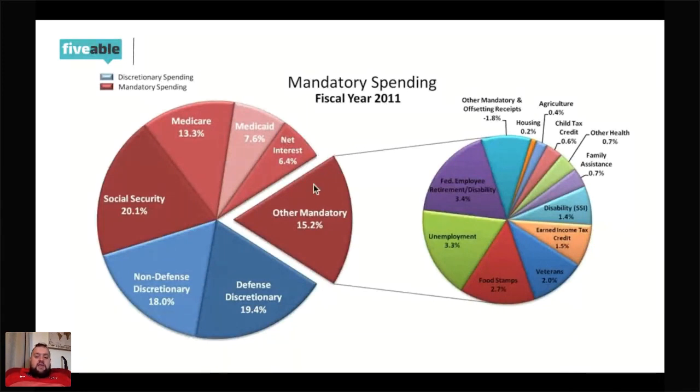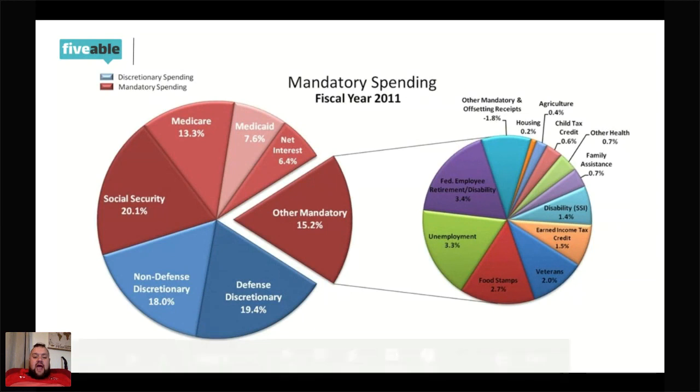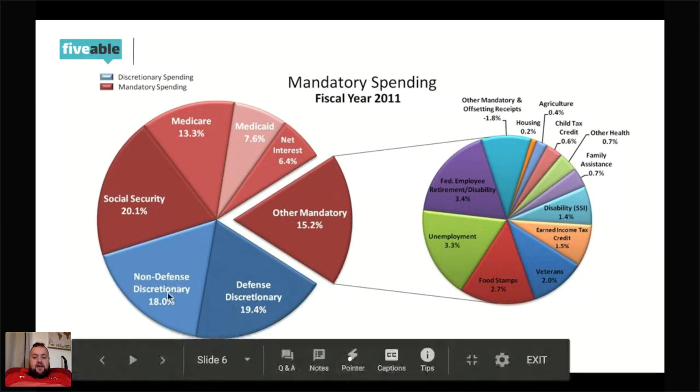These two blocks right here that are in blue are the two discretionary spending areas of our budget. So it's less than 50%. Just about 40% of our federal budget every year is discretionary, meaning that the federal government can decide how they want to spend that money.